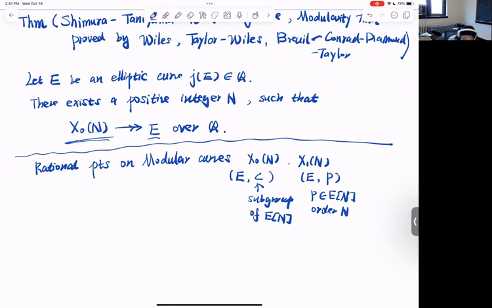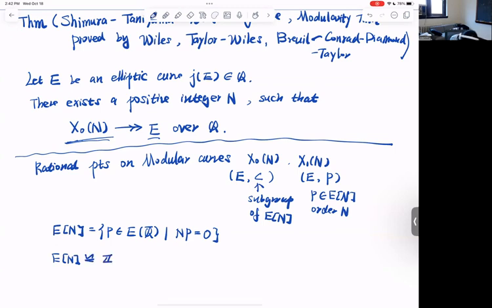Okay, so recall, the N-torsion subgroup, which we call E[N], is the set of points P on E(Q bar) such that NP is O. And as a group it is isomorphic to (Z mod NZ) squared.